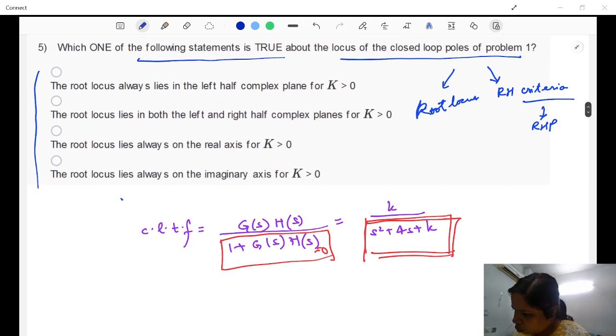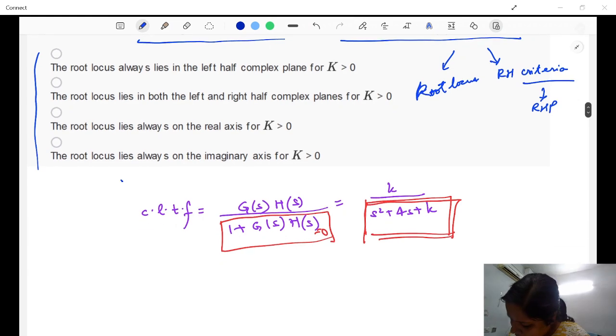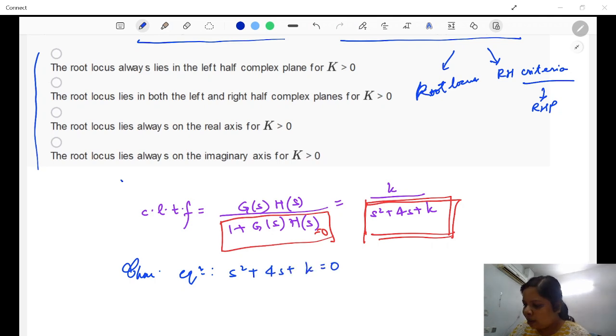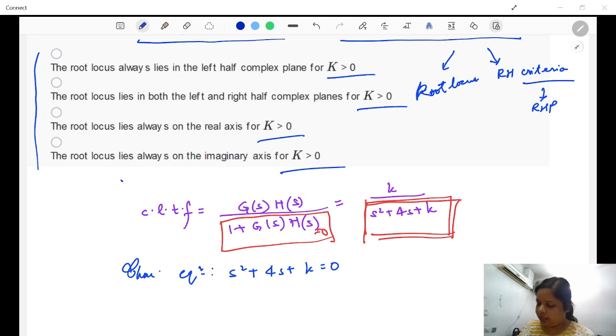So what is your characteristic equation? s square plus 4s plus k is equal to 0. All the options are for k greater than 0, so we have to look only at k greater than 0.